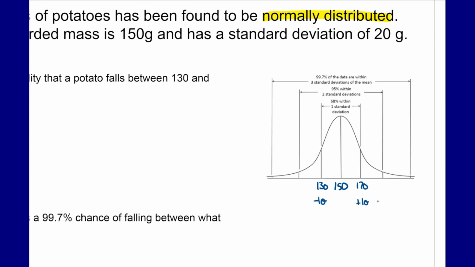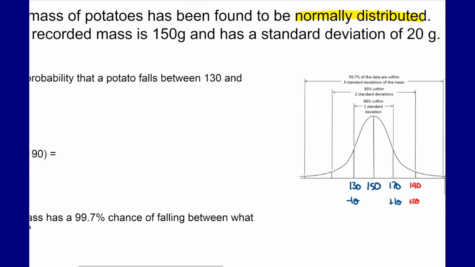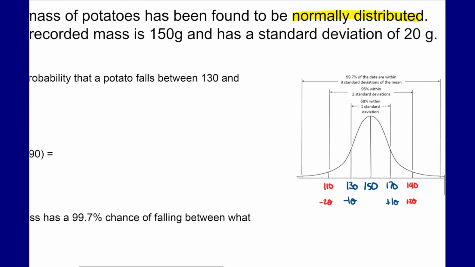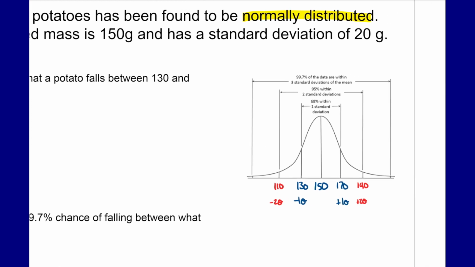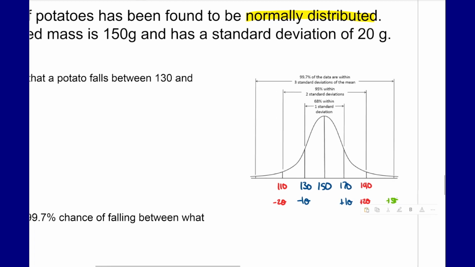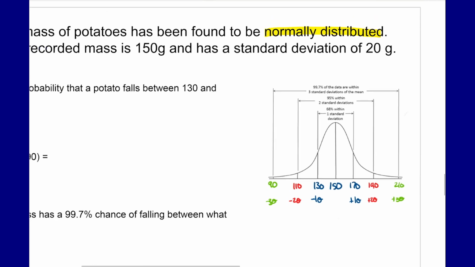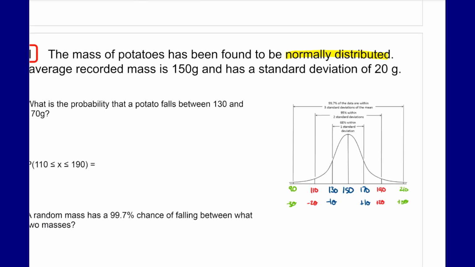If we go one step further, plus 2 standard deviations, add another 20, we're now at 190. On the other side, take away 2 standard deviations, we're at 110. And finally, if we add 3 standard deviations, that's another 20, so that's 210. Minus 3 standard deviations on the other end, we're at 90. So those are the different values we're going to be looking at.